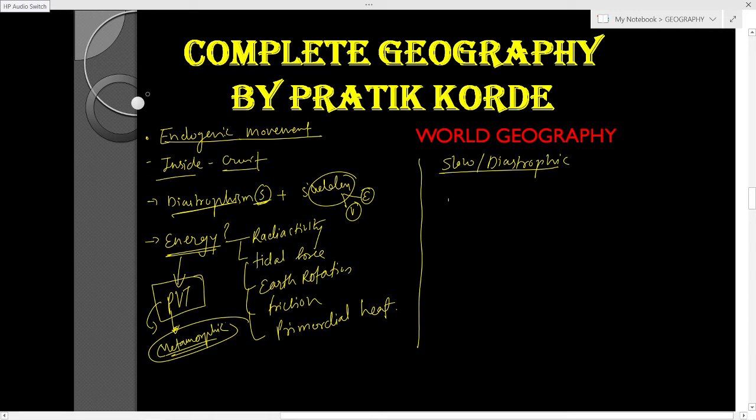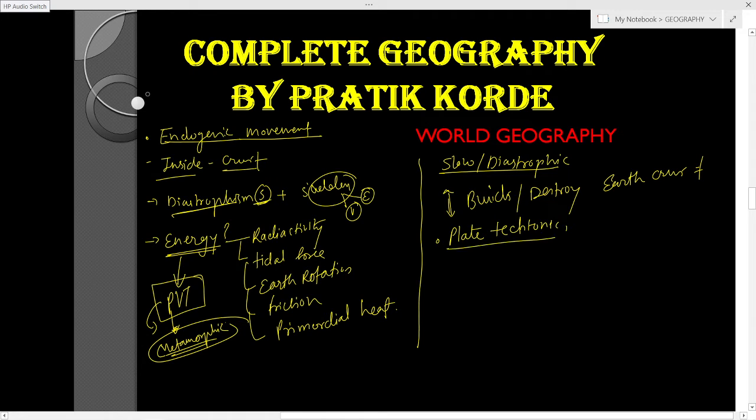So anything which builds or destroys Earth's crust comes under the diastrophic. So all processes which are associated, for example, plate tectonics. Now what plate tectonics is, we'll study later. Okay, orogenic.